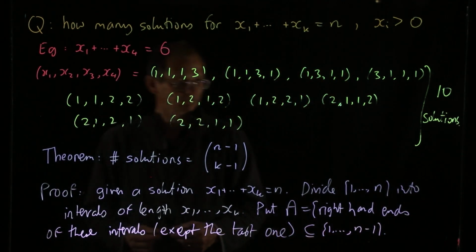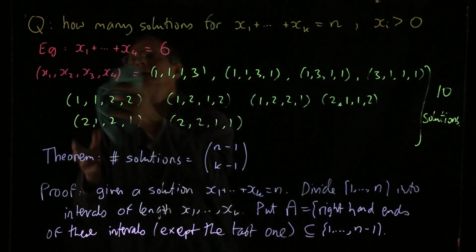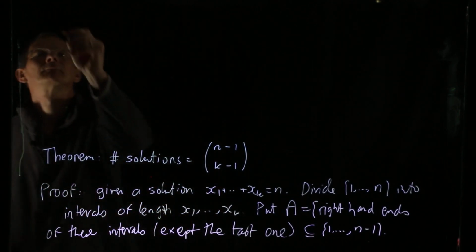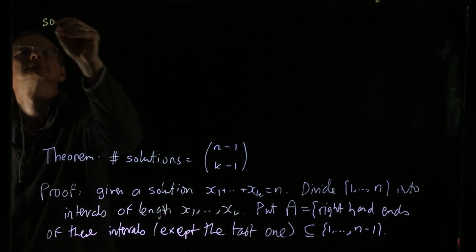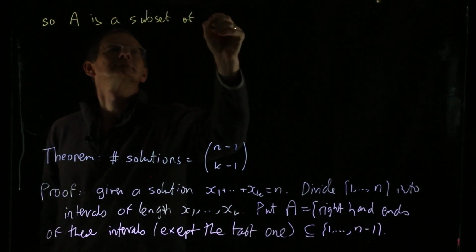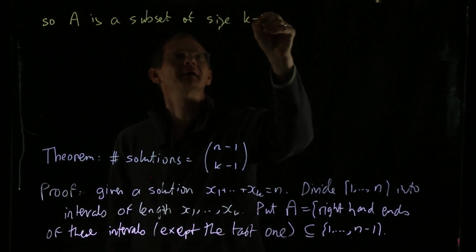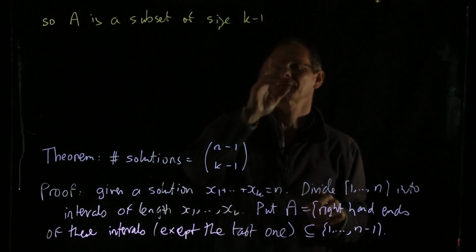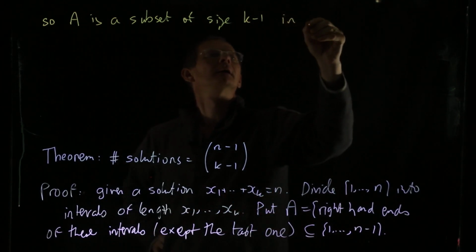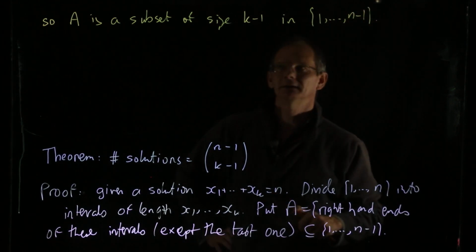Okay, so now we've got this A. This gives us a subset A of size k minus 1. It's k minus 1 because there were k intervals and we ignore the last one. So we take the endpoints of those k minus 1 intervals.